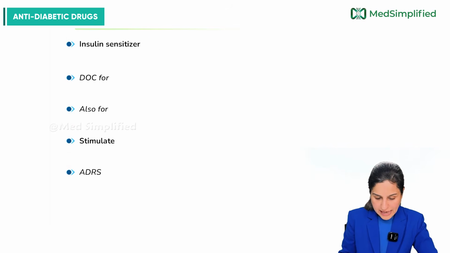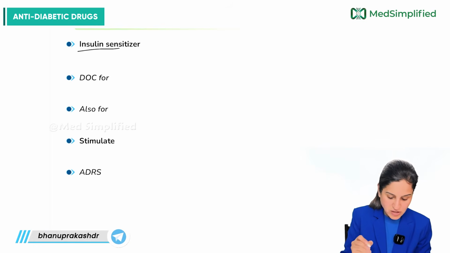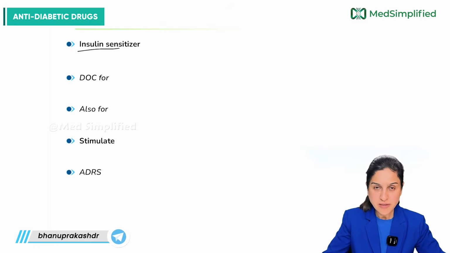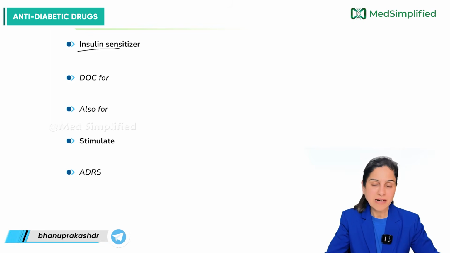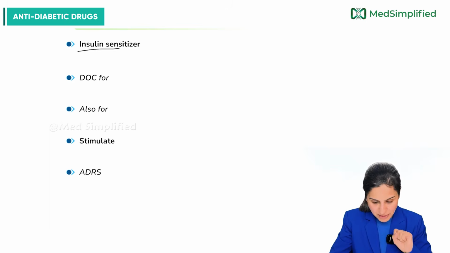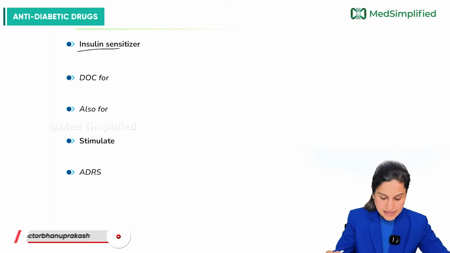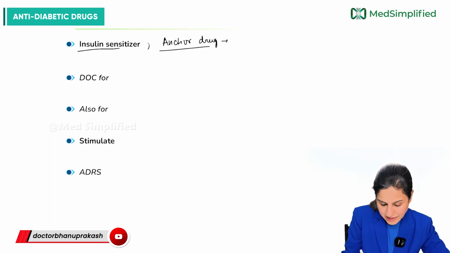Moving on to the next important drug, an insulin sensitizer, that is metformin. It belongs to the group of drugs called biguanides. Initially, before metformin we had phenformin, but that was withdrawn because of the risk of lactic acidosis. Now metformin is an insulin sensitizer and it is called an anchor drug. What is the meaning of an anchor drug?